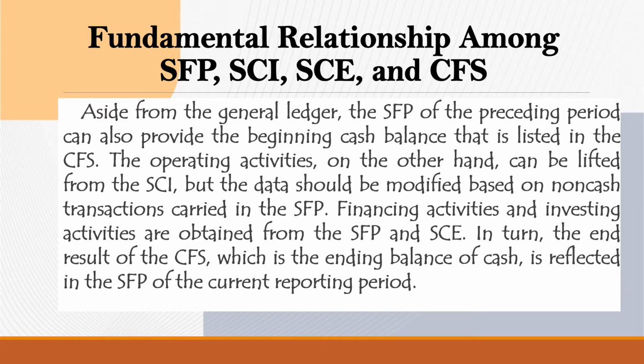Financing activities and investing activities are obtained from the SFP and SCE. In turn, the end result of the CFS, which is the ending balance of cash, is reflected in the SFP of the current reporting period. So the cash on the CFS will be the cash on the SFP, which is a current asset.